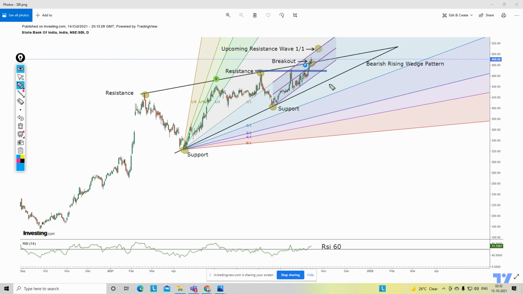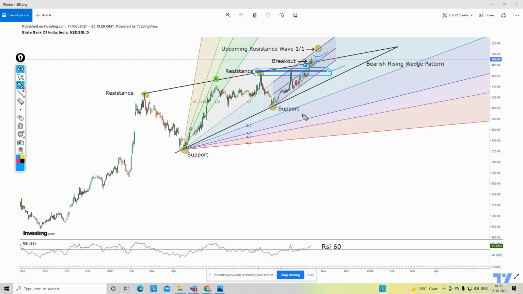Now, a couple of things which we have to carefully look at in SBI moving forward from here. If at all it resumes the pattern and this breakout becomes a failed breakout, the immediate support will be this band, which you can see, this highlighted band.